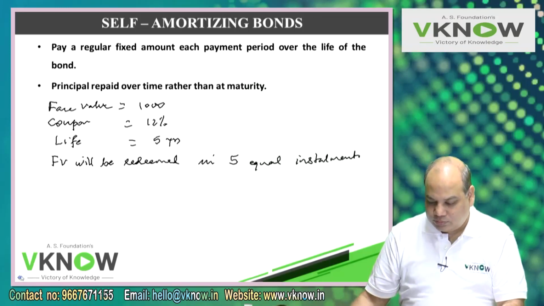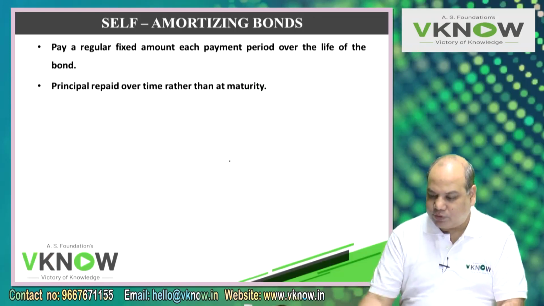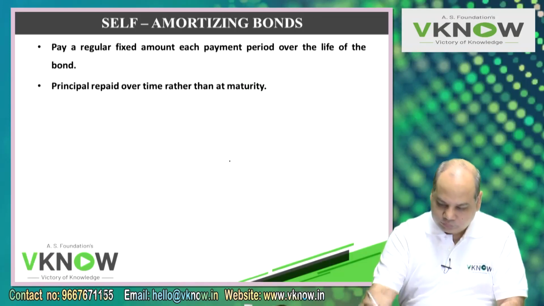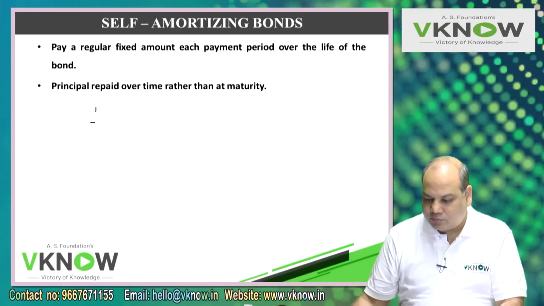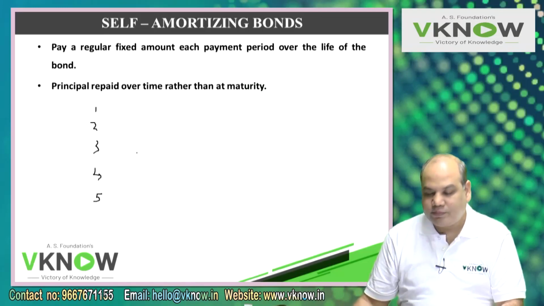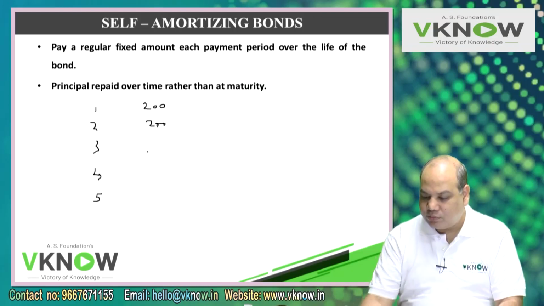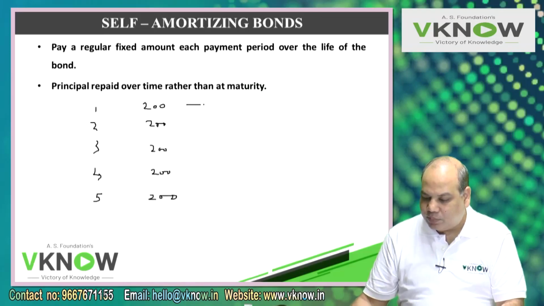In years 1, 2, 3, 4, 5, the company which has issued the bond will have to pay 200 rupees, 200 rupees, 200 rupees 5 times, and plus it has to pay interest on the outstanding balance.